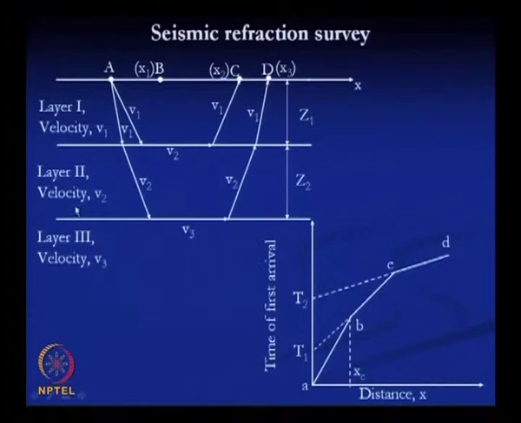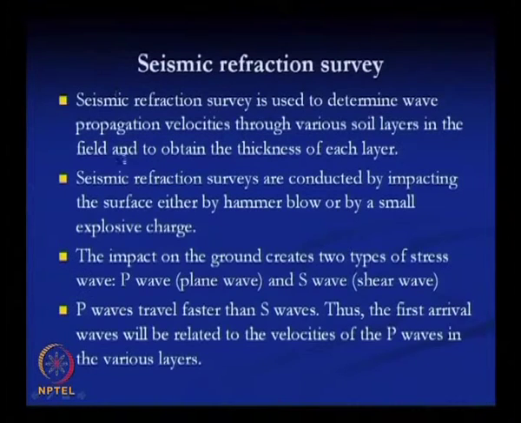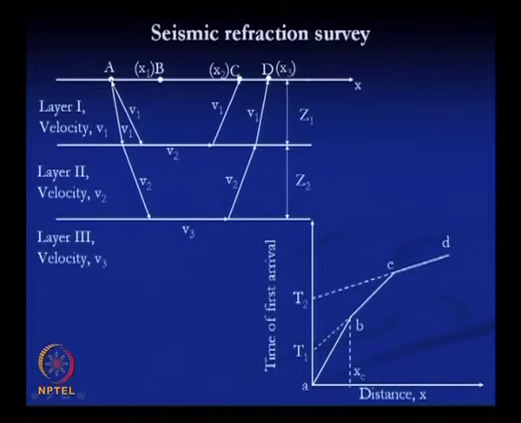This is the first layer, whose wave velocity is V1, V2 is the velocity of the wave in the second layer, and V3 is the velocity of the wave in the third layer. Suppose at A we have to create a wave. By using a hammer blow or a small explosive charge here, we can create that wave.